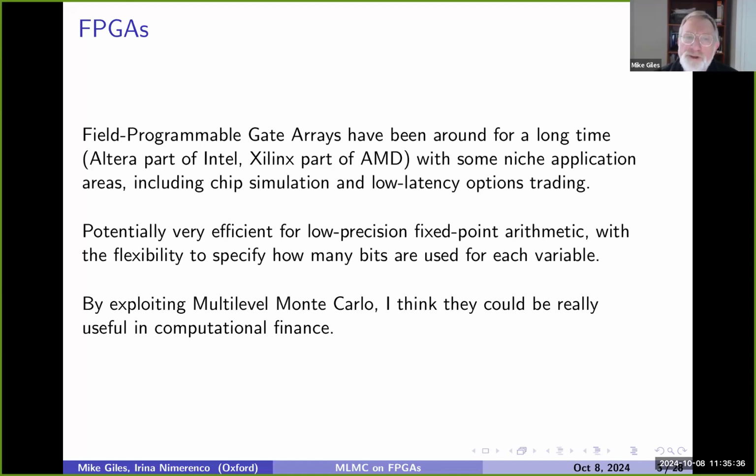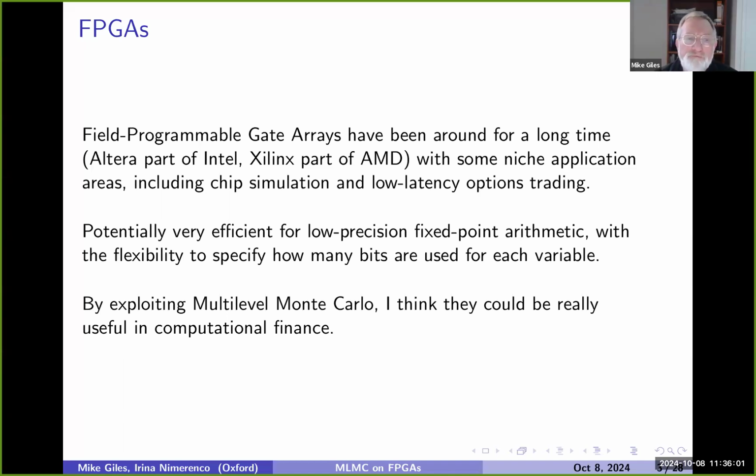And so the performance is going up, but so is the power consumption and so is the cost. If you look at performance per watt or performance per dollar, things are improving much, much slower than in the past. And so that prompts us to look at other computing technologies.